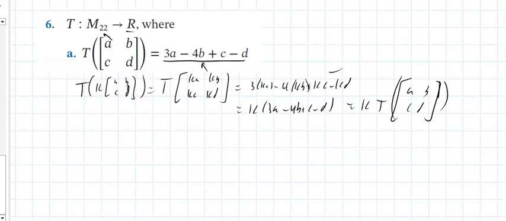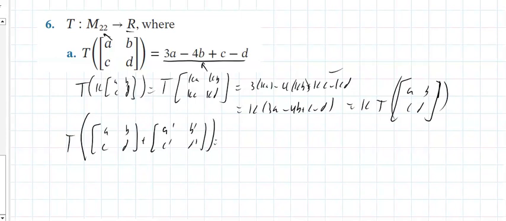It checks. And if I take T applied on A, B, C, D plus A prime, B prime, C prime, D prime, that would be T applied on a plus a prime, b plus b prime, c plus c prime, d plus d prime.